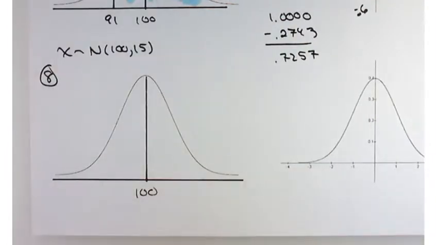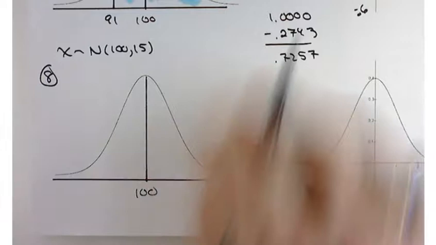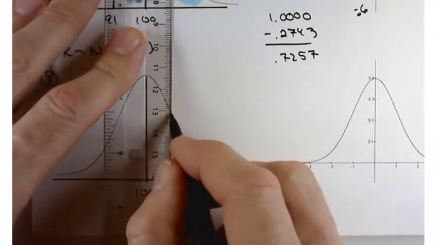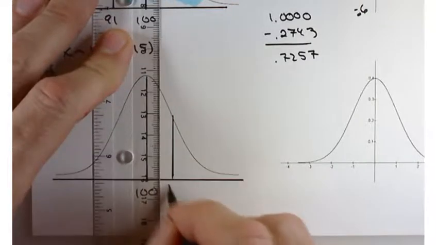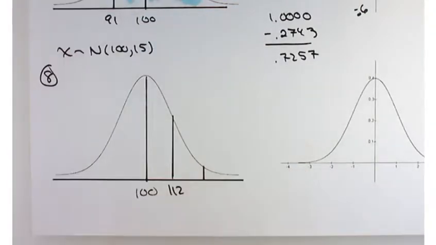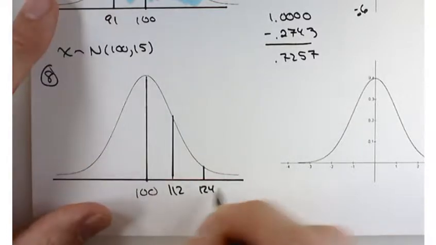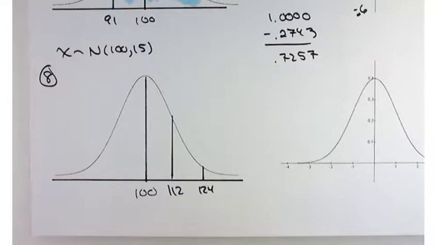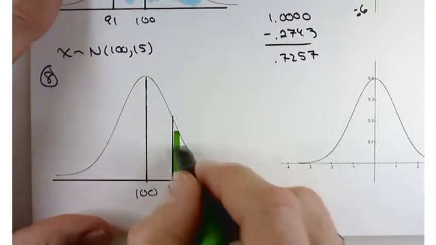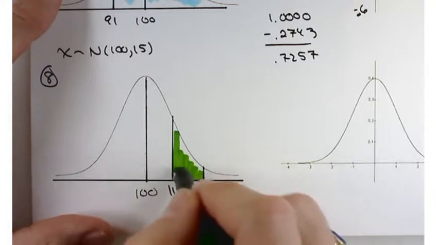The only thing that's really important is that you draw these values on the proper side of the mean. So I have one here at 112 and another one up here at 124. I want to find the area between these 2 points for this curve.